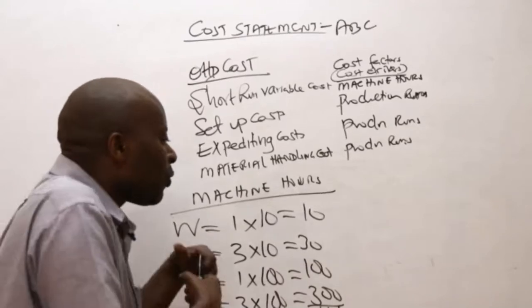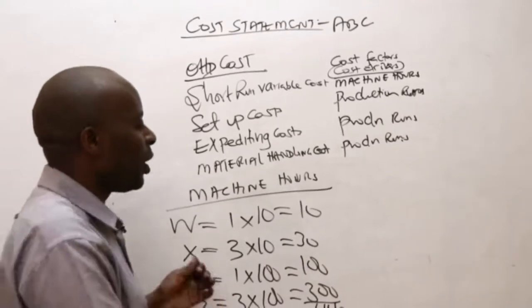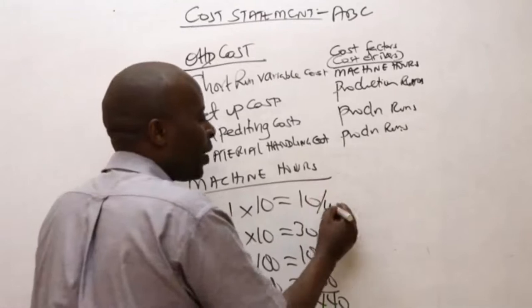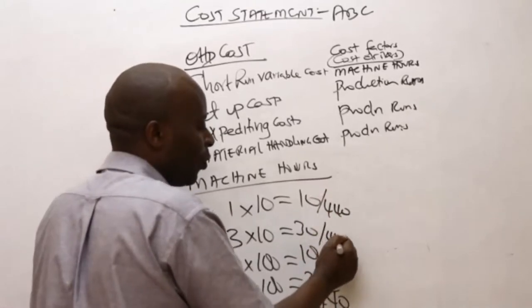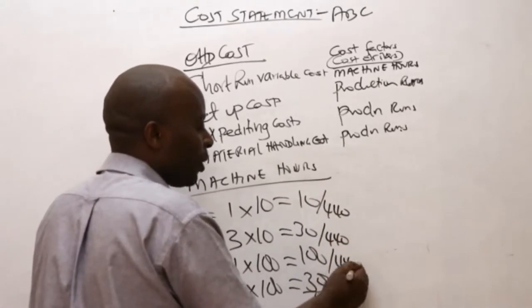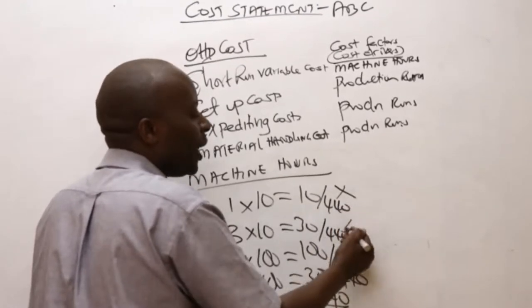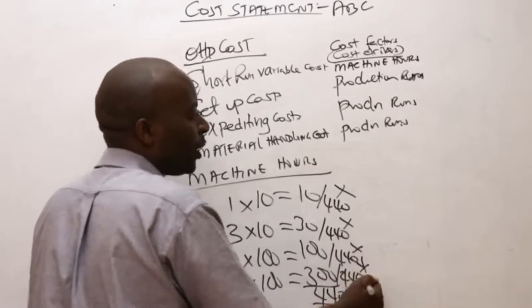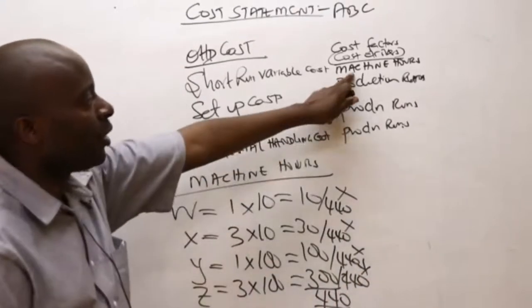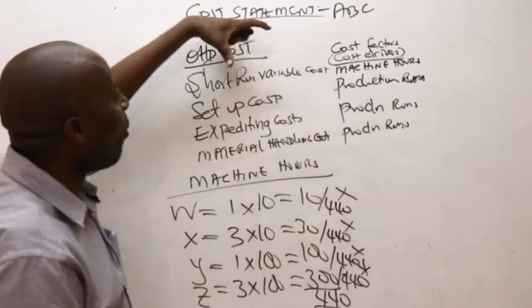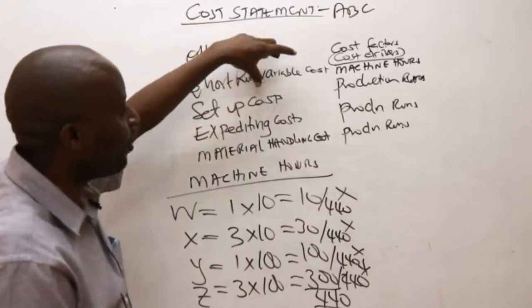400 and 40. So in terms of proportions, then this will be 10 over 440, 10 over 440, 30 over 440, we have 100 over 440, we have 300 over 440. So please look for the expense that we want to apportion using these machine hours. I want to apportion the short run variable costs.